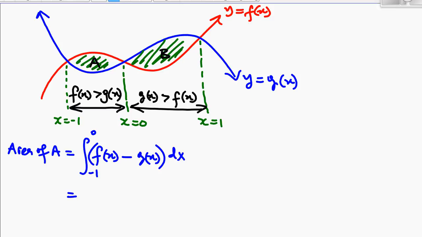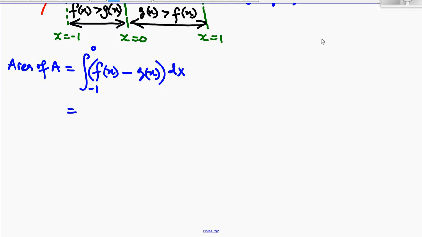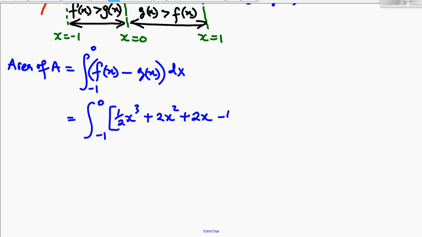This will be equal to half x cubed plus 2x squared plus 2x minus a half.